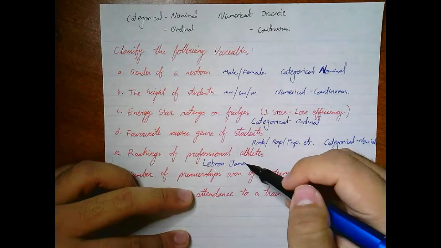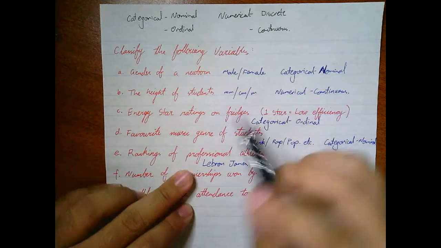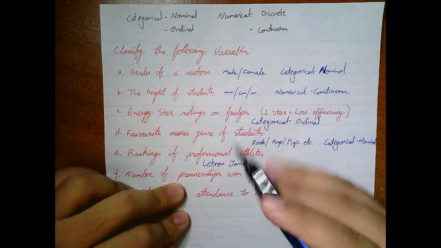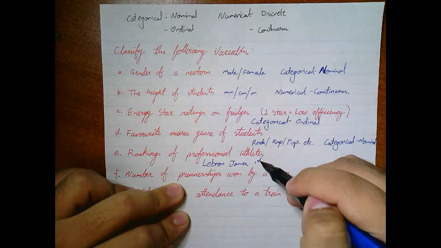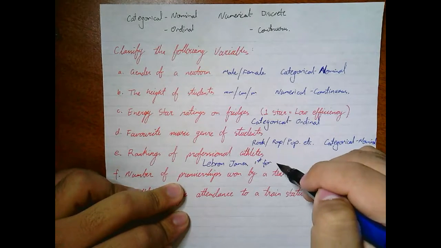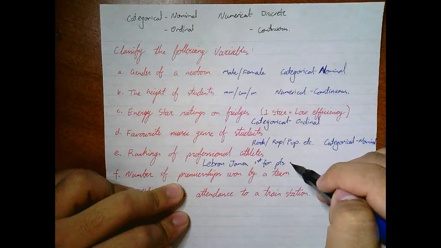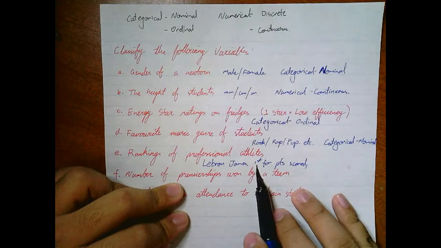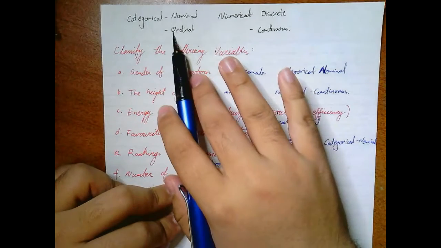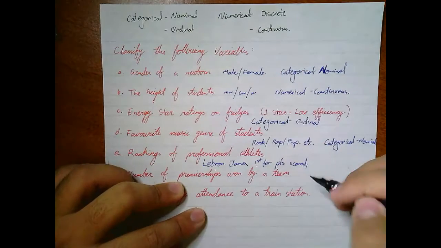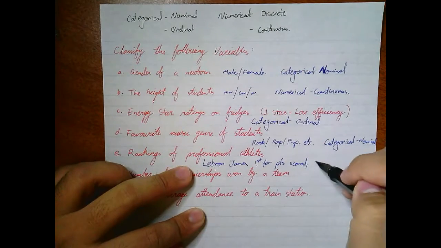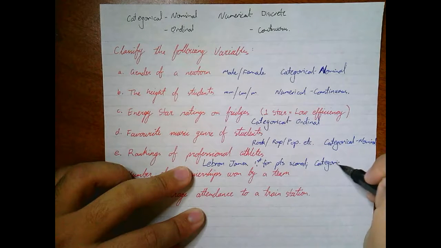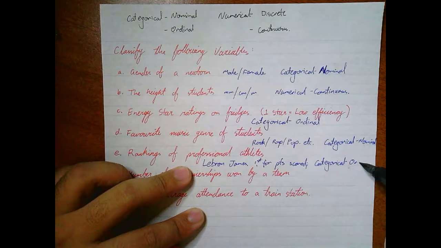And he could be said to be first in the number of points he gets per game. Well, if he's first for points scored, there's a position involved. So it must be an ordinal categorical. So this would be categorical ordinal.